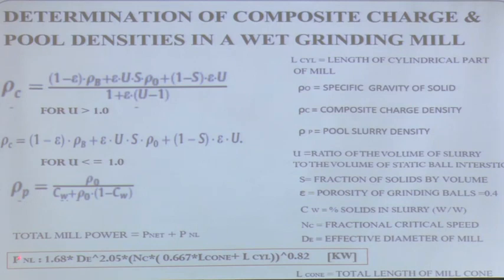This is the empty mill running power, the no load power. So if you add the net power to the no load power, you come to the total power, the P gross. Total power is required sometimes to evaluate the condition of the mill.